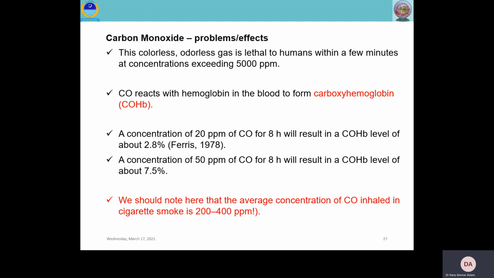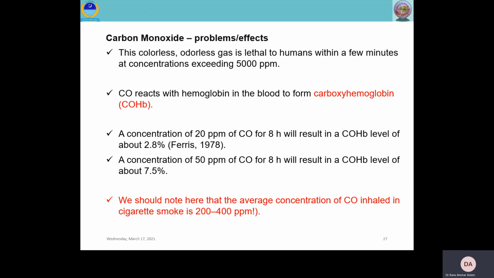Persons with heart disease, if exposed to a carboxyhemoglobin concentration of 2.5 to 3%, will not be able to perform certain exercises as well as they might in the absence of carboxyhemoglobin. Similarly, a concentration of 20 ppm of carbon monoxide for 8 hours will result in a carboxyhemoglobin level of about 2.8%, right?